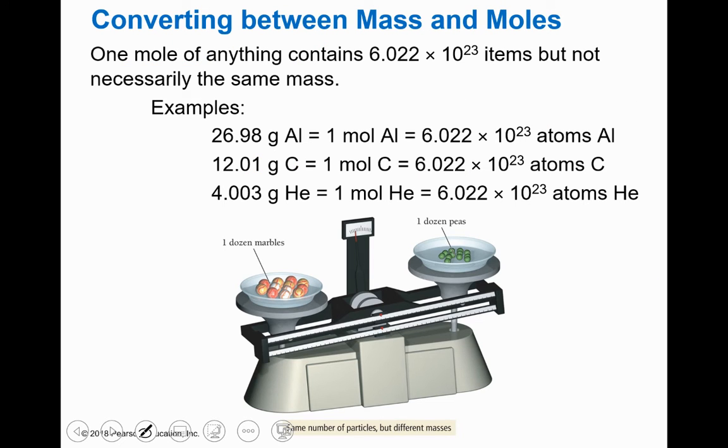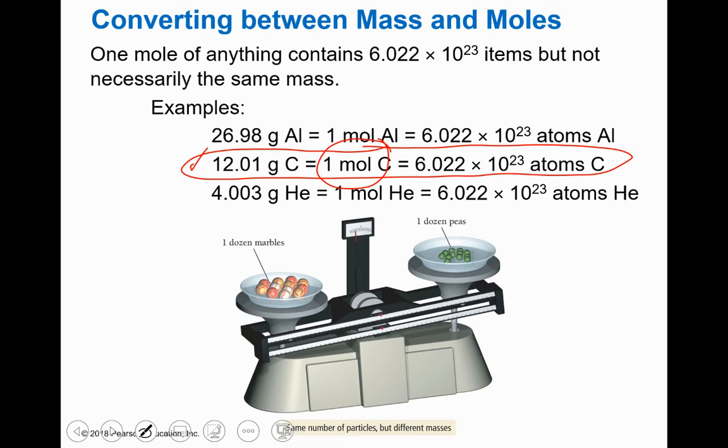All right, so let's go here. Let's stick with carbon. So we know that if I have a mole of carbon, it weighs 12.01 grams. And we also know that there are 6.02 times 10 to the 23rd carbon atoms that has that mass and is equal to a mole. So this gives us a way to convert between grams, moles, and atoms.